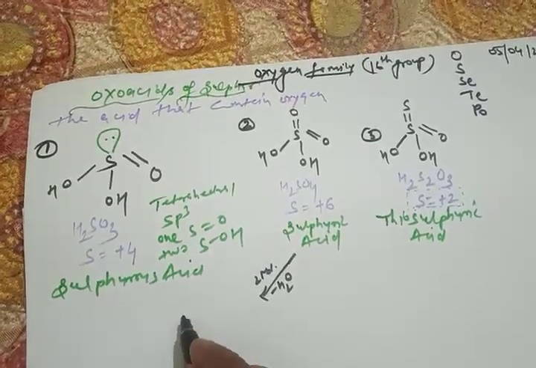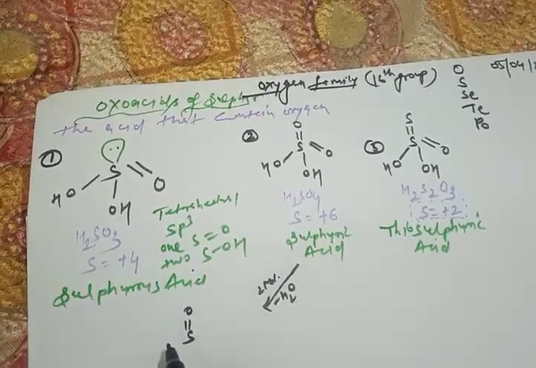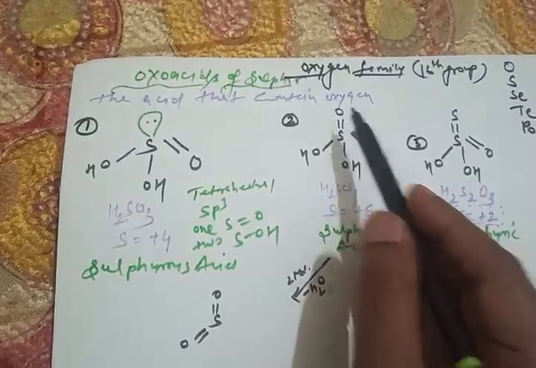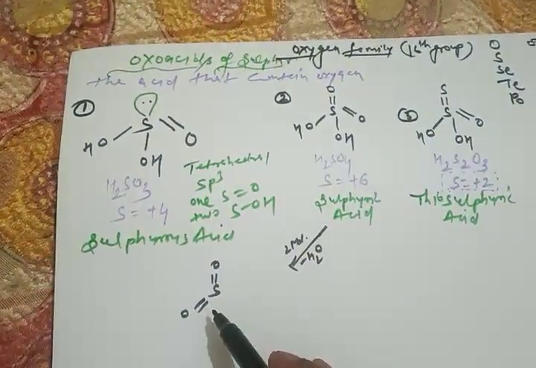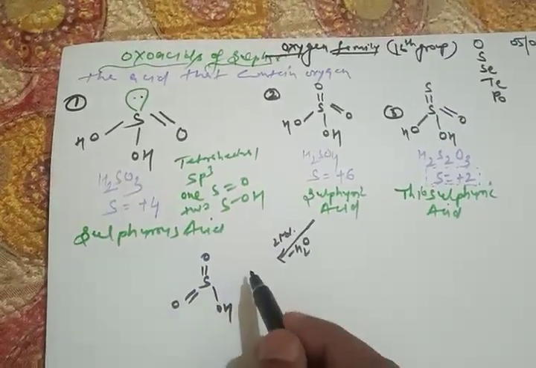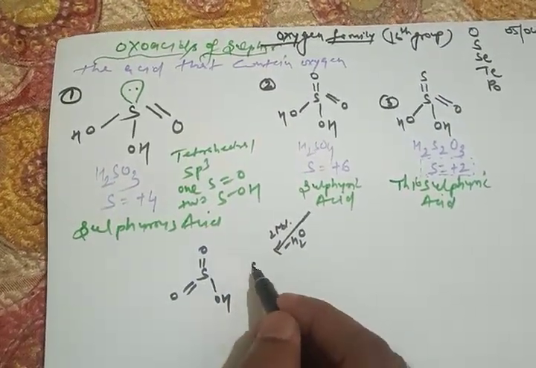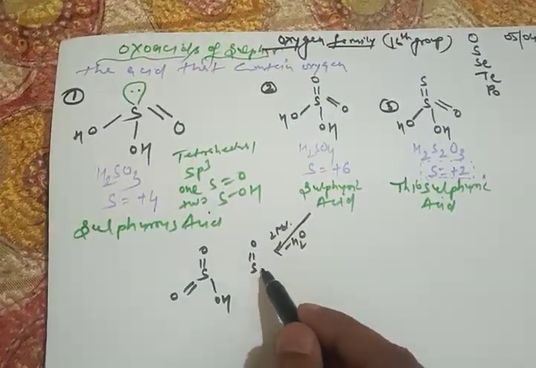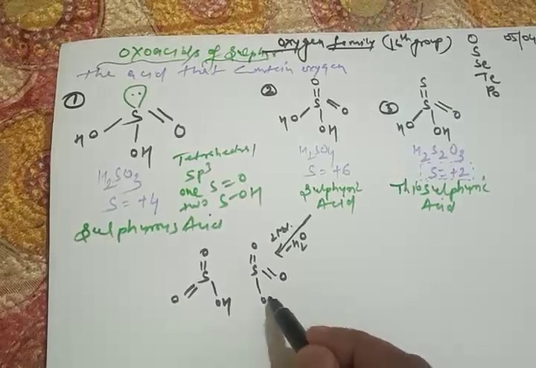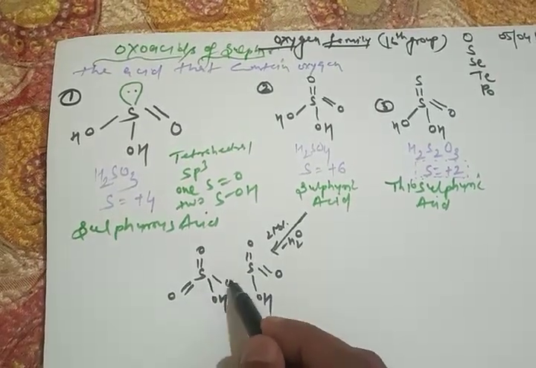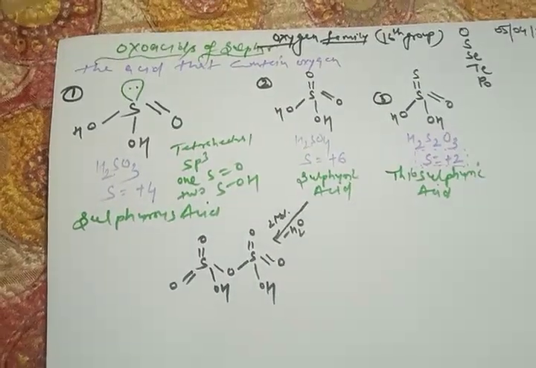So S is double bonded to O, and this double bonded O I'm writing here. Then one OH, this one. Again the S is double bonded with O for the second molecule. Then S double bonded O, OH, and one H2O will be removed, so one O is in linkage like this.